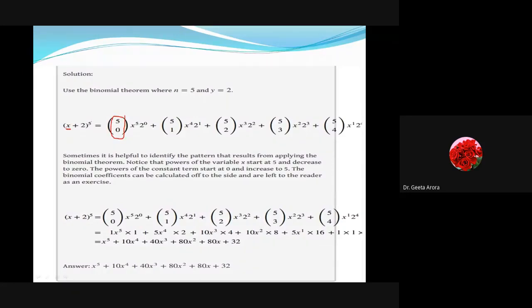This first term is raised to the maximum power, and 2 raised to power 0 means 2 is not existing here. Correct? And 5C0, you can note it down, whenever we have nC0 it is always 1. So from the first term we are getting only x^5. Here you can check the value is x^5.